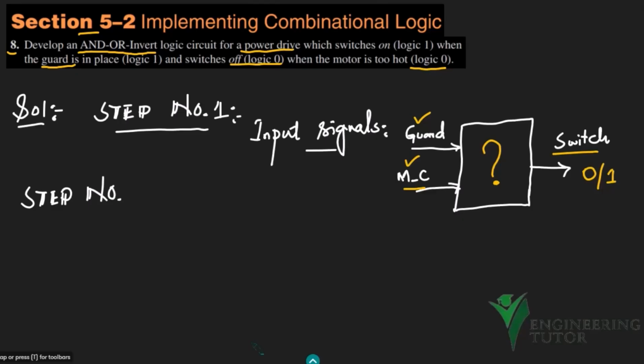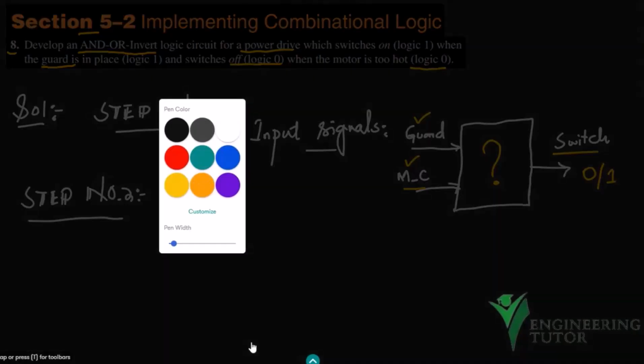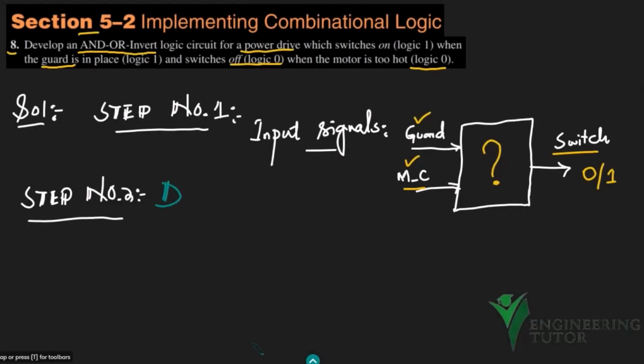In step number 2, I have to draw the truth table. In the truth table we will have the inputs and here we will have the output.